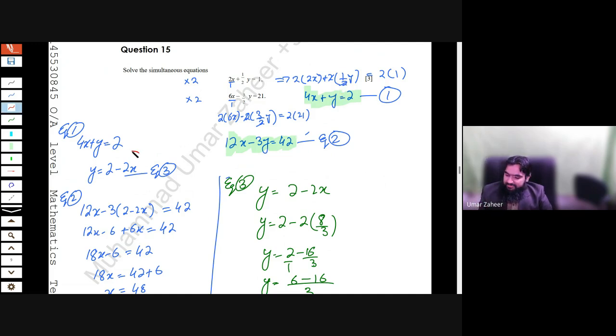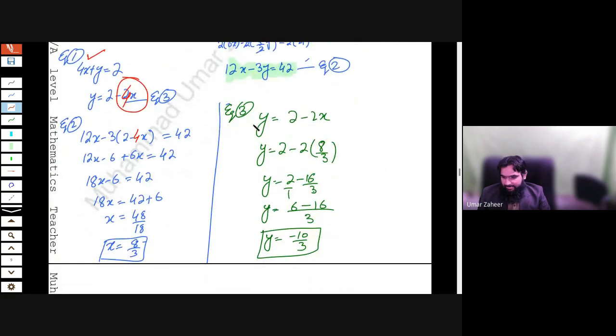Yes, everyone, this is the mistake. We have 4x, so on the other side it will be minus 4x, not 2x. It will be minus 4x. 3 times 2 is 6, minus 1 minus is plus, 3 times 4 is 12x.